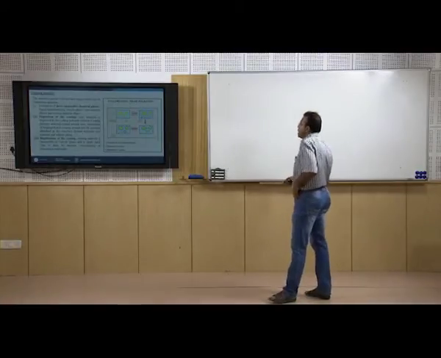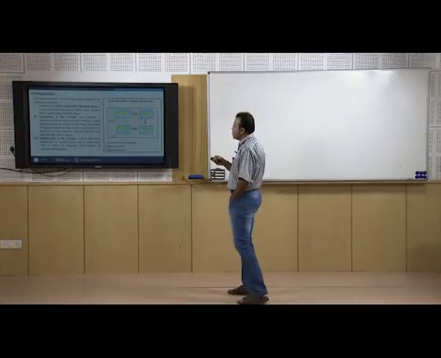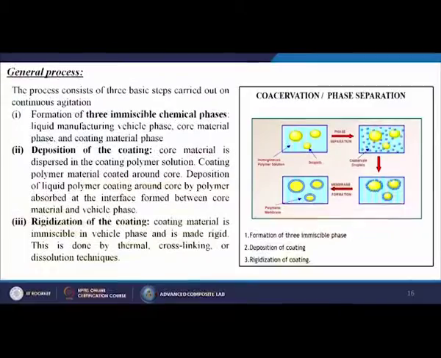Next we are going to discuss some general process about these techniques. The process consists of three basic steps carried out with continuous agitation. First one is the formation of three immiscible chemical phases: liquid manufacturing vehicle phase, core material phase and the coating material phase. Next one is the deposition of the coating. Core material is dispersed in the coating polymer solution.